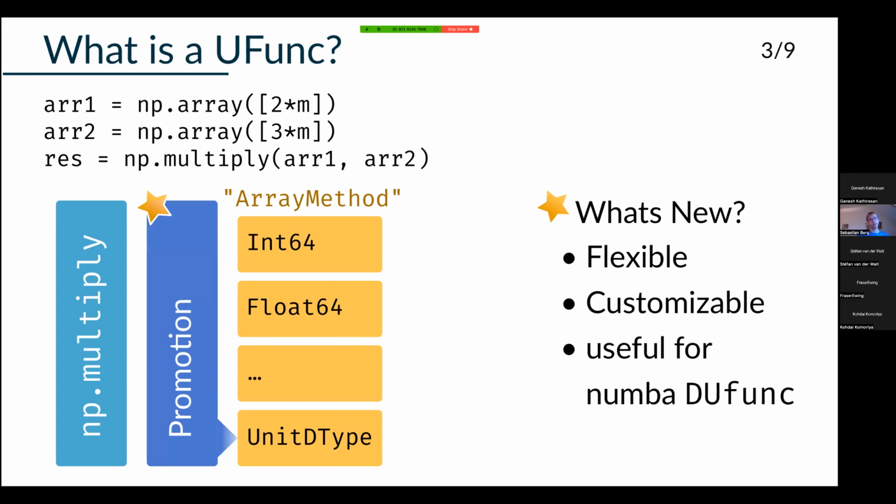Previously it was not very flexible. Now it is customizable, or will be. This could also be useful, for example, for Numba, which dynamically creates new array methods, new loops, to execute for the UFuncs that you create with Numba if you do auto jitting. Promotion could help them do this more dynamically, more cleanly.